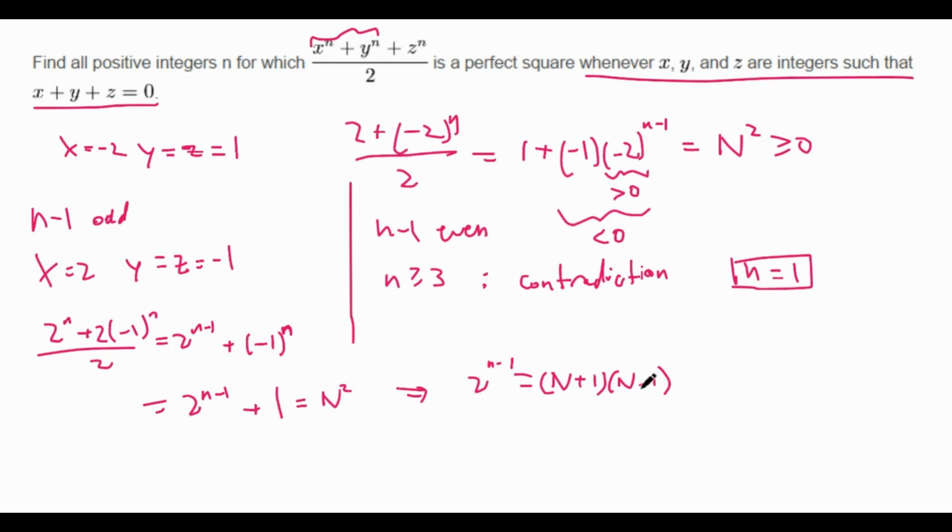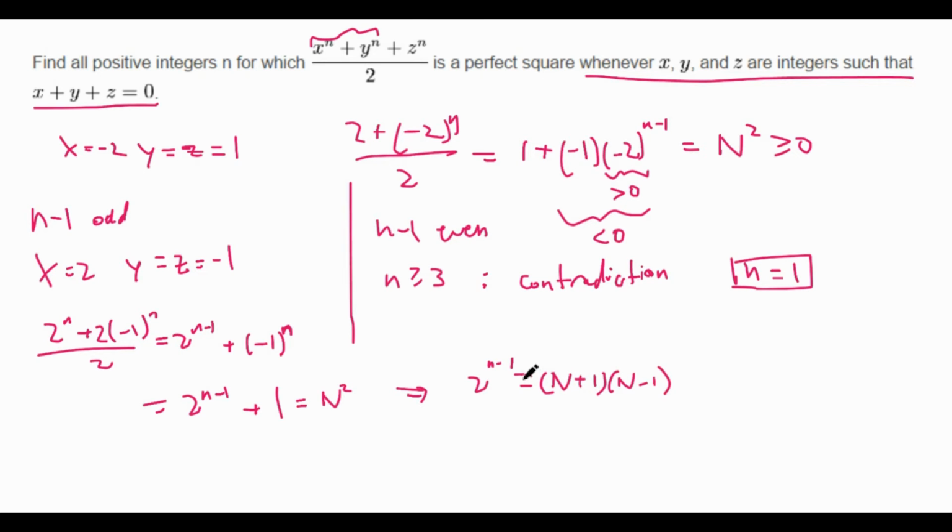So now this is actually really useful because we see that n plus 1 and n minus 1 multiply together to be a power of 2, which means that n plus 1 and n minus 1 themselves also are powers of 2. So the question is, how can this be possible?